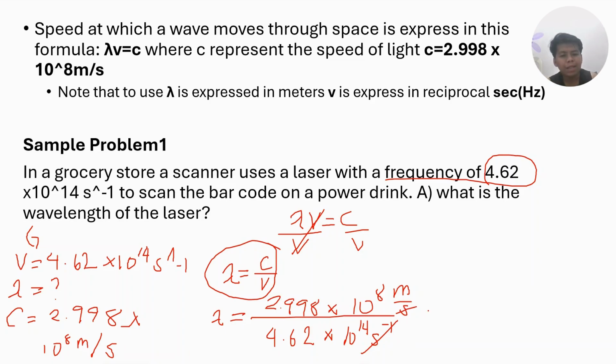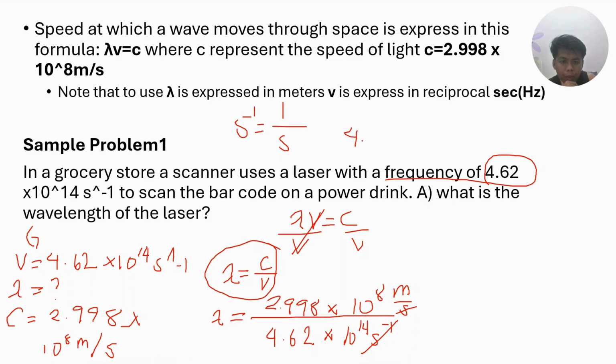But wait, you might ask, why does it cancel out? Take note, why does second cancel out? s raised to the power of negative 1 can be expressed as 1 over s. Right? And this form goes to the bottom, to the denominator, since it is negative, we can express it in this form right here.